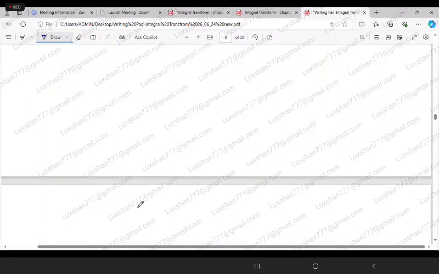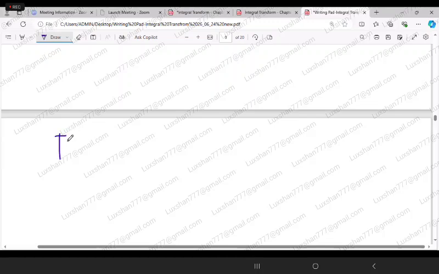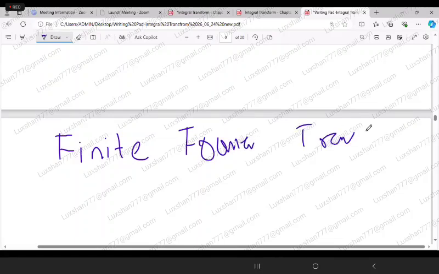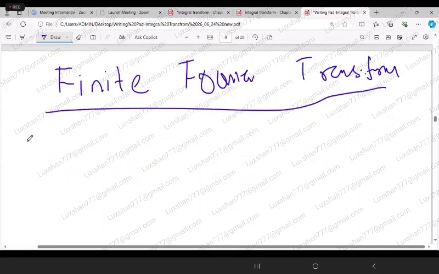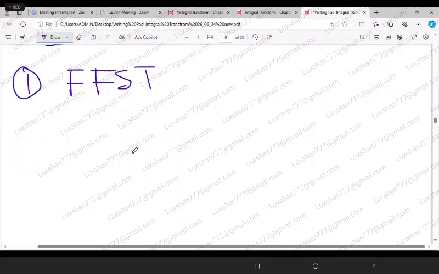Right. Now we'll talk about finite Fourier transform. Actually, here we have two. One is the finite Fourier sine transform. We'll see how it is defined.